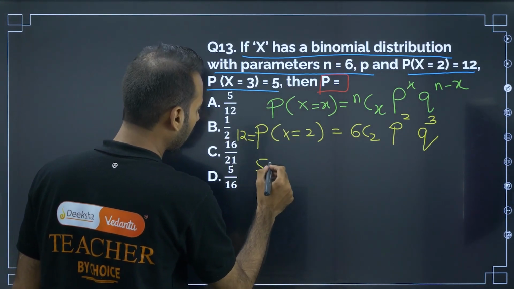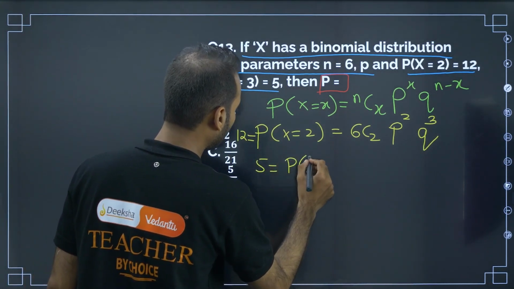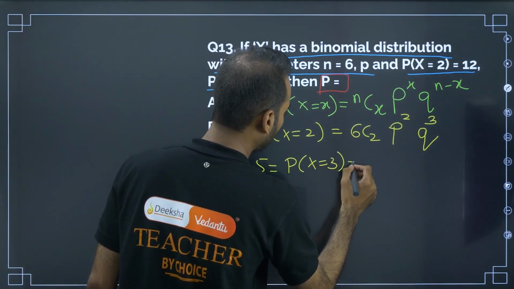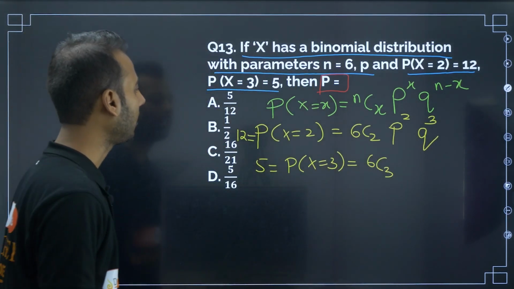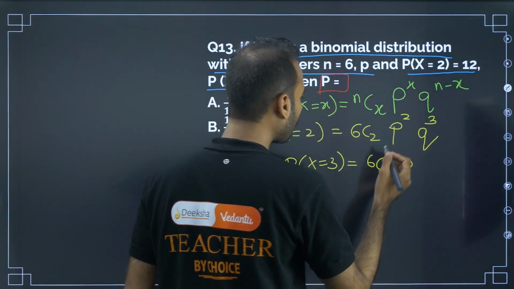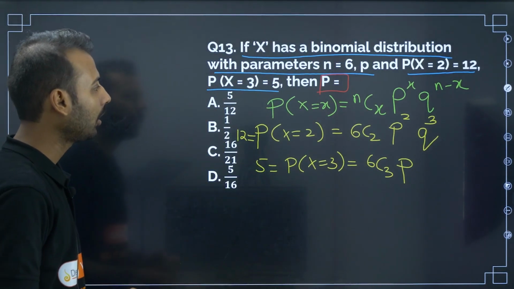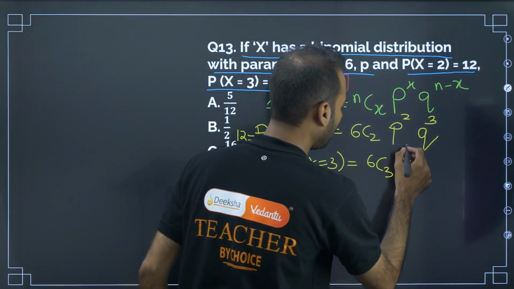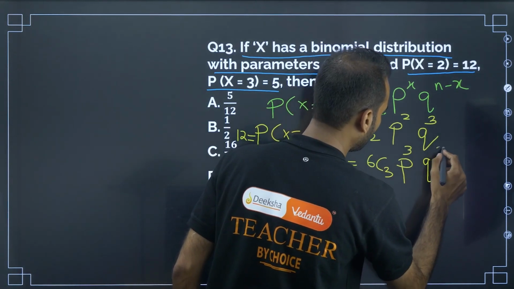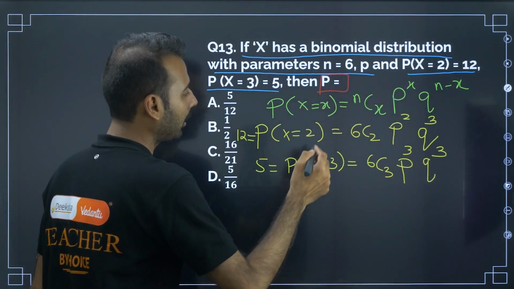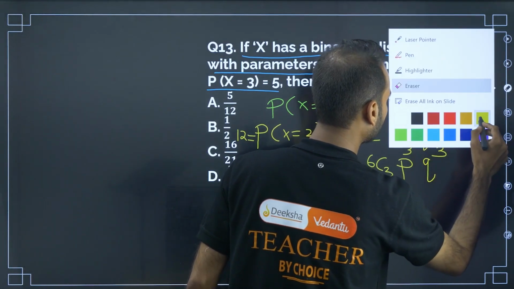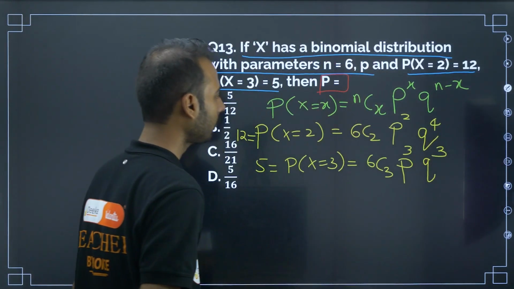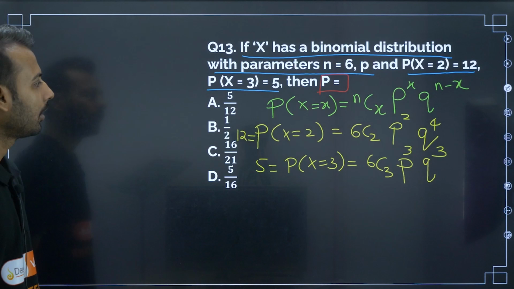Next, probability of X equal to 3 is 6C3, p raised to x, where x value is 3, and q raised to n minus x. I think it should be 3, n minus x, 6 minus 3 is 3.